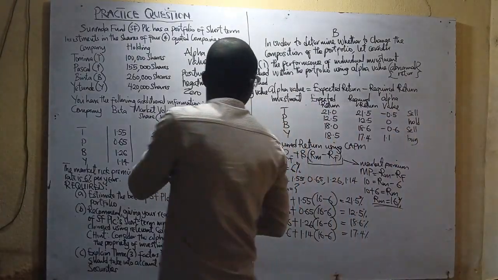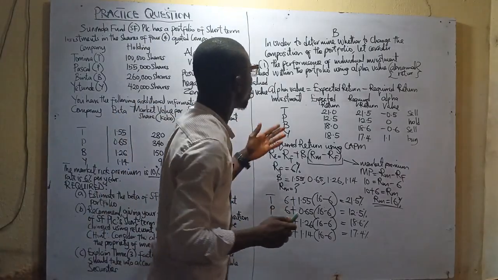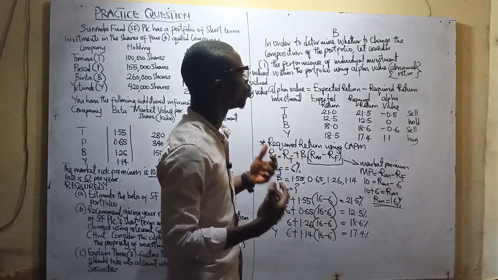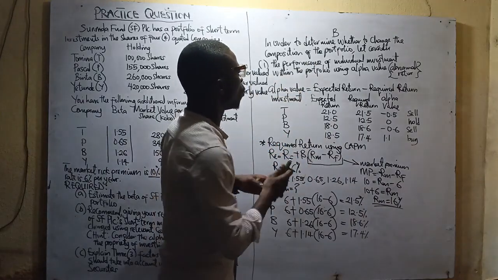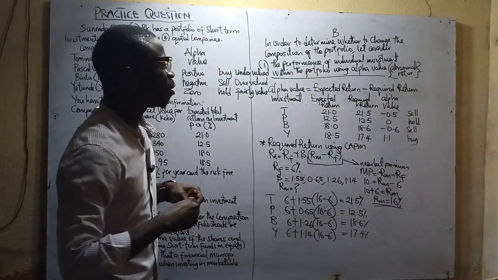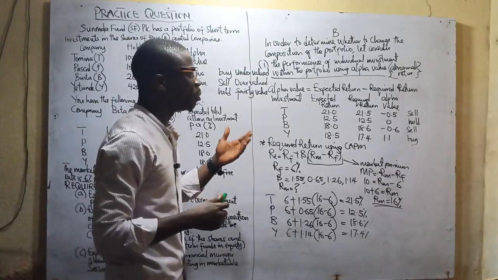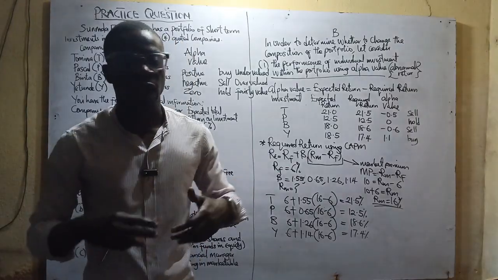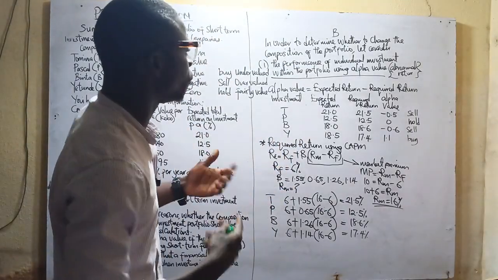Now don't forget that in order to determine whether to change the composition of this investment, the first thing that we consider is the performance of individual investment. Now you can see that there is some investment that is undervalued, some that is overvalued, and there's an investment that is fairly valued.